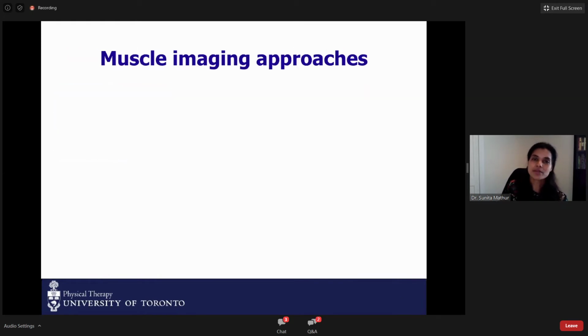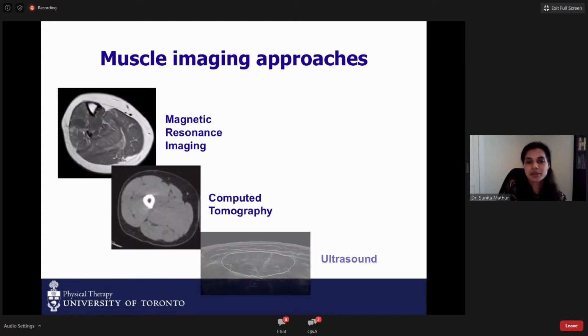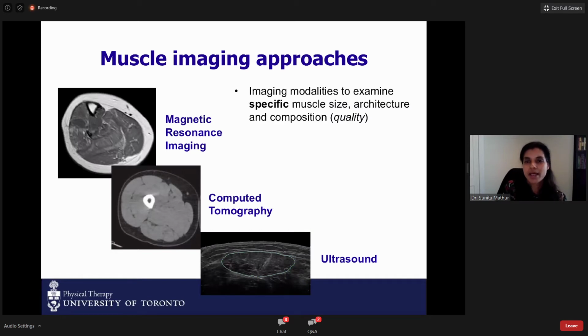In our lab, we use a variety of muscle imaging approaches. In addition to DEXA and BIA, which we do use, we also use MRI, computed tomography, and ultrasound. With these imaging modalities, we can examine specific muscle groups and look at their size, the architecture of muscle, so fiber lengths and fiber angles, and also muscle composition or muscle quality. We can look at fatty infiltration of the muscle or fibrosis of the muscle.